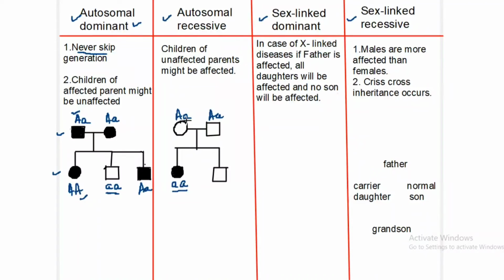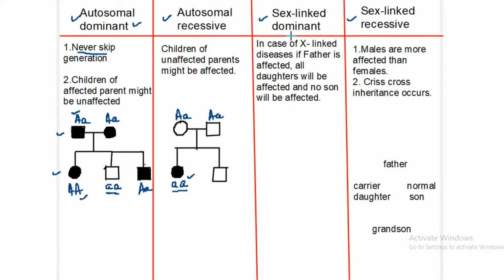Two recessive alleles have to be there. Here the parents will be unaffected but the child can be affected. So this is the case of autosomal recessive: parents are unaffected and the child is affected. This clearly shows that the disease is autosomal recessive.